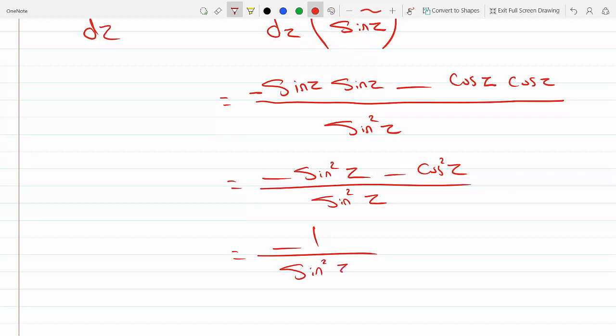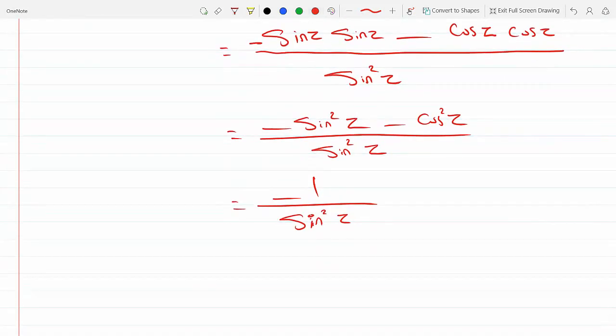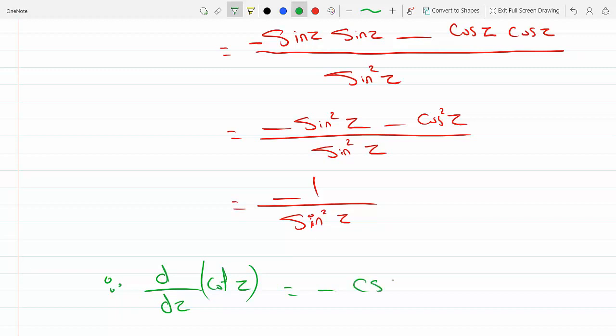And what's 1 over sine squared? Cosecant squared. So the final answer, d over dz of cotan z equals minus cosecant squared z. And to obey the domain here, z cannot be any multiple of pi.